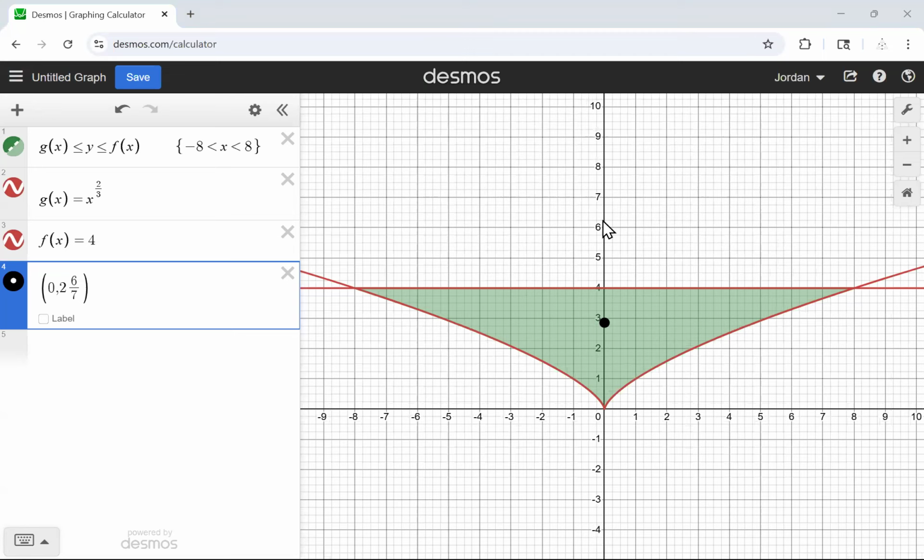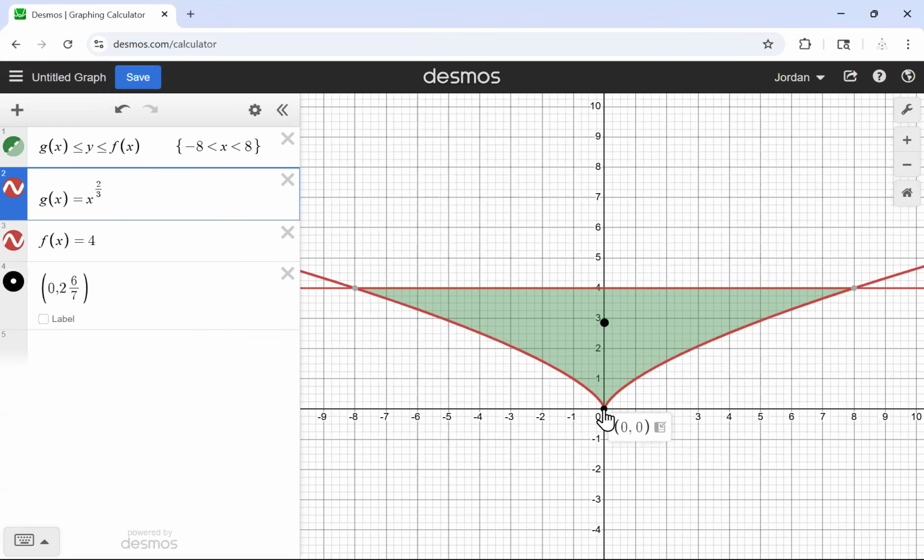Obviously, it's on the y-axis. That seems right. Also, if I look at the lowest point of 0, 0 and the highest point of 0, 4 on the y-axis, it's a little bit closer to the higher values because this object is wider up top than it is on the bottom. So that is the center of mass, that 0, 2 and 6/7.